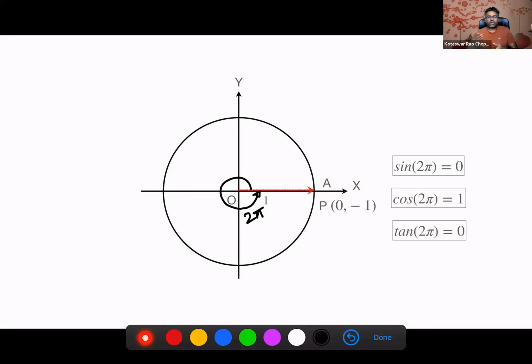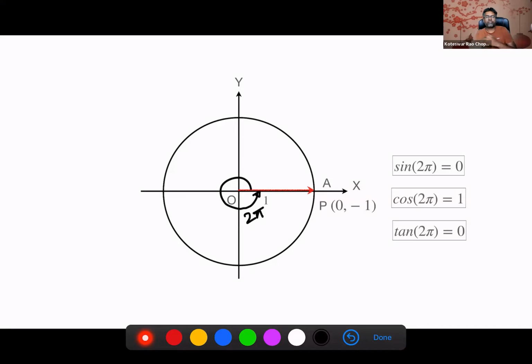So for every revolution, they repeat. And then slowly we will see that if you look at 4 of these functions, sine, cos, cosecant, and secant, the values that these functions give out repeat after every revolution. So that means after every 2 pi radians, the values repeat again and again.